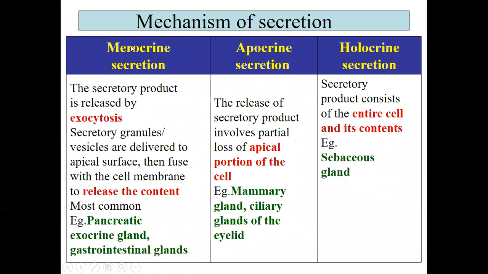Now, for the mechanism of secretion, the exocrine gland is divided into merocrine secretion, apocrine secretion, and holocrine secretion. For merocrine secretion, the secretory product is released by the process of exocytosis. The secretory granules or vesicles are delivered to the apical surface.